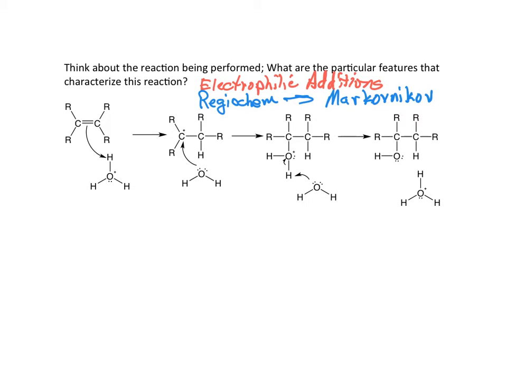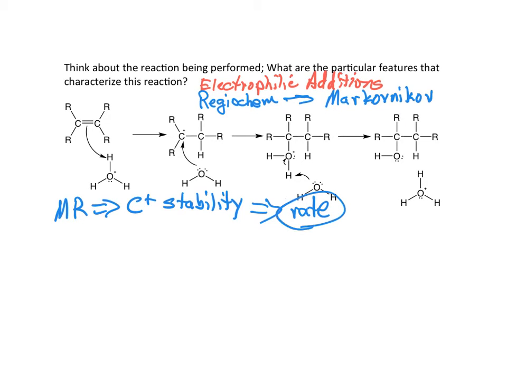And so when we're thinking about Markovnikov's rule, well, Markovnikov didn't know about carbocations. We know that Markovnikov's rule is driven by carbocation stability. And carbocation stability then also affects the rate of the reaction.